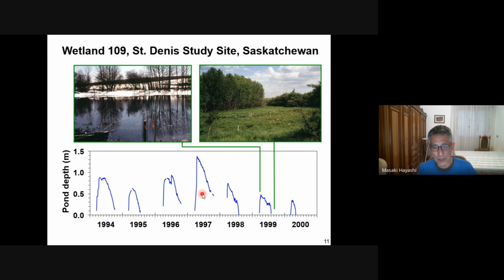You see that the pond is dry in the late fall and winter, and the water level goes up in the spring and then comes down in summer. It repeats that every year. So it's a seasonal pond. This is a picture right after the spring snowmelt, and this is a picture when the pond becomes dry in summer.